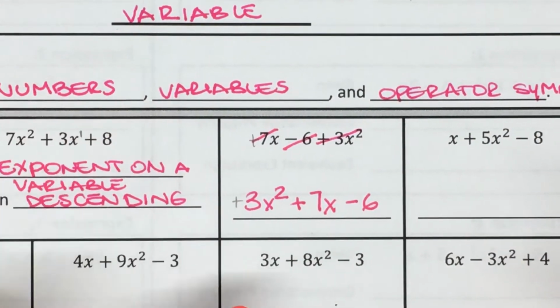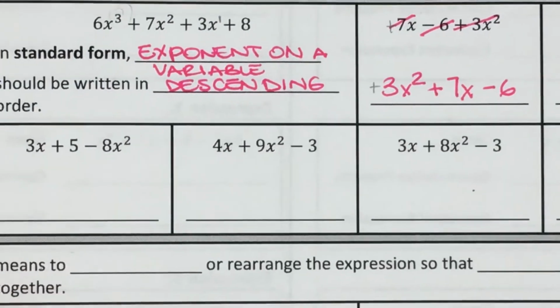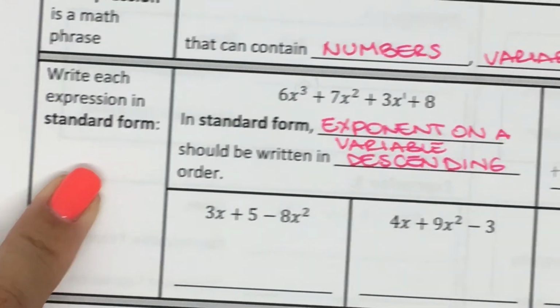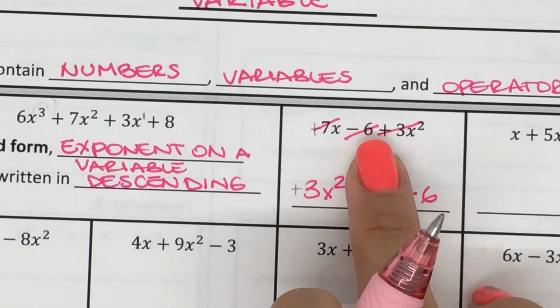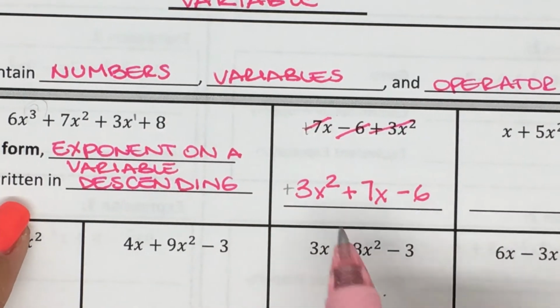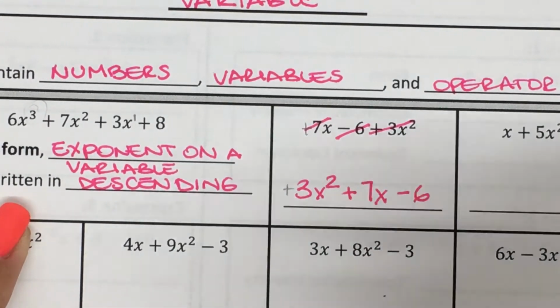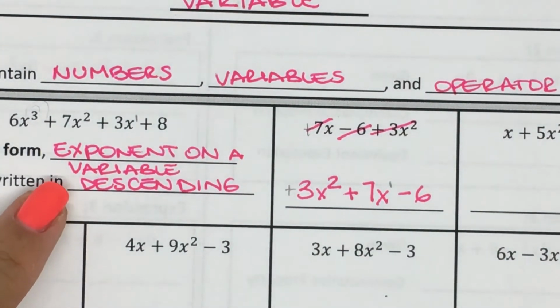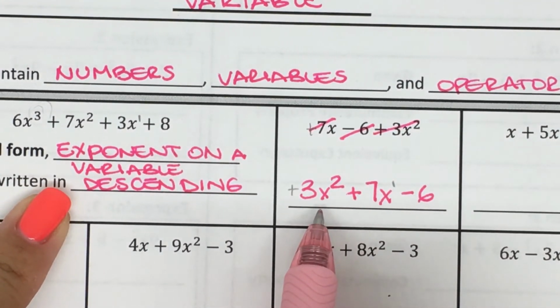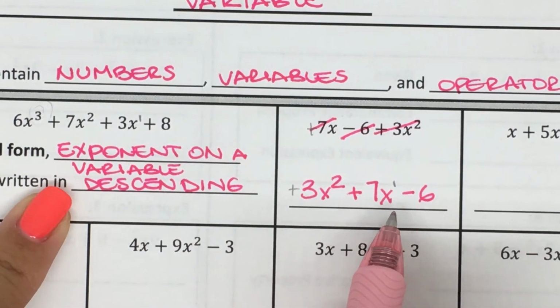And that's it. That is the standard form of this expression, because the exponents on the variable are in descending order.